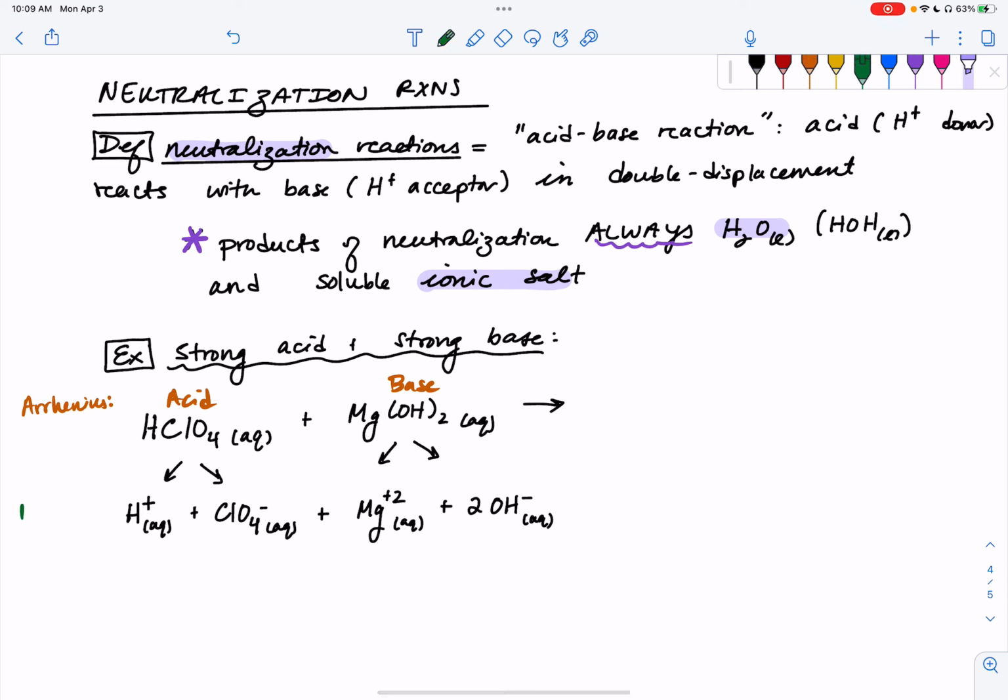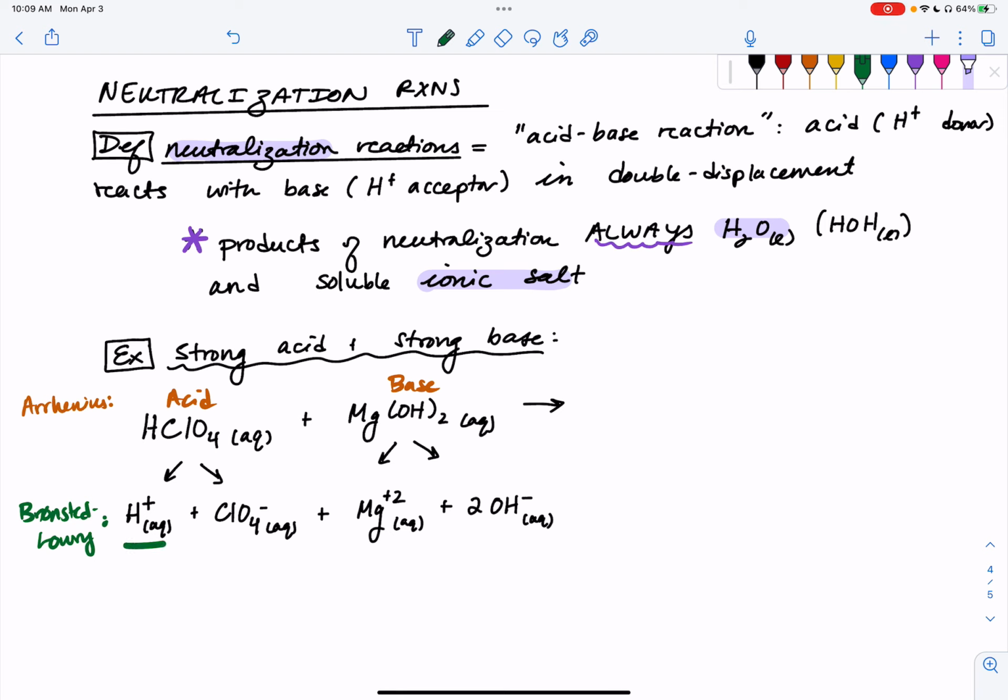Now, according to my Bronsted-Lowry definition, the base is the proton acceptor and the acid is the proton donor.